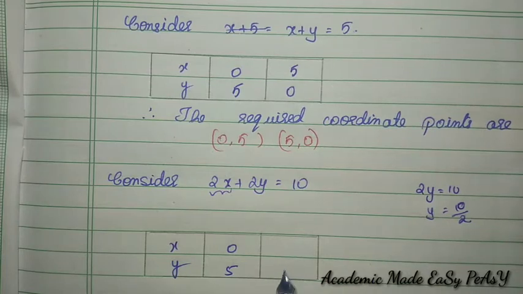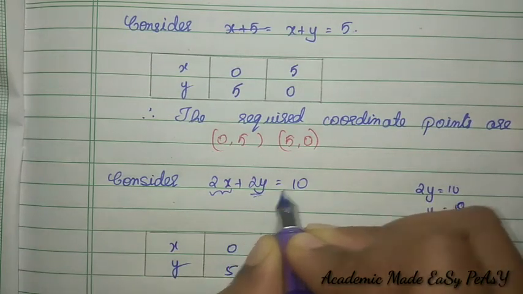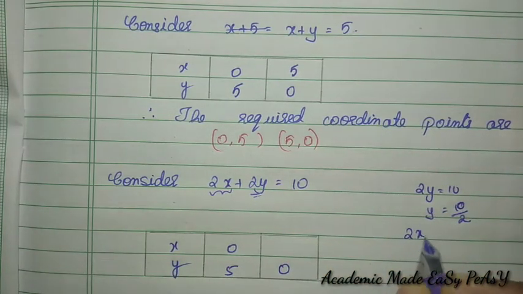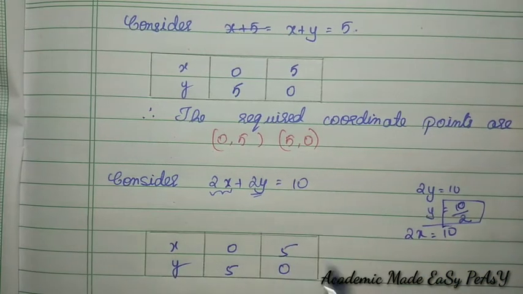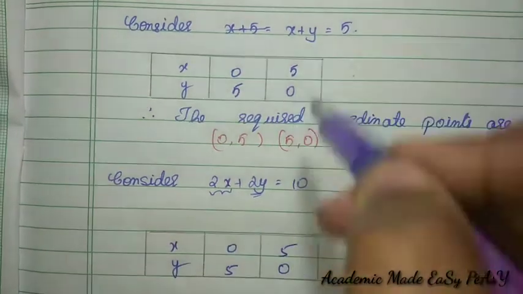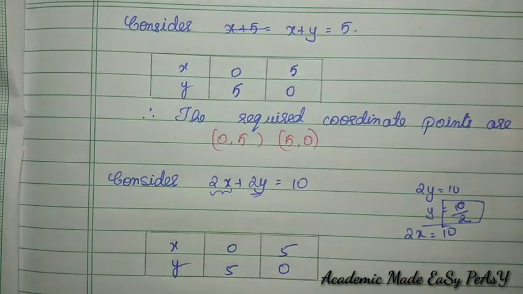When y is 0, this entire term will become 0, so 2x is equal to 10, and again 10 by 2 is 5. Both have the same points. From this itself we can say the lines are coinciding, but still we will plot the graph.